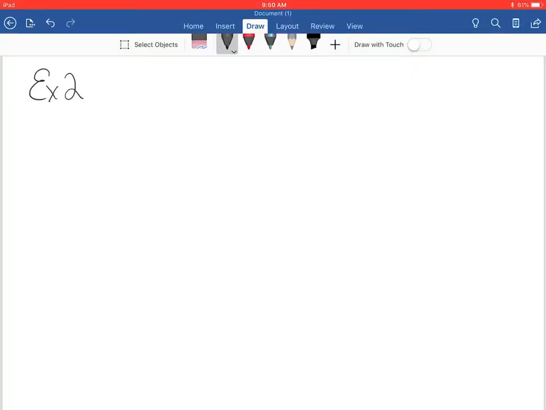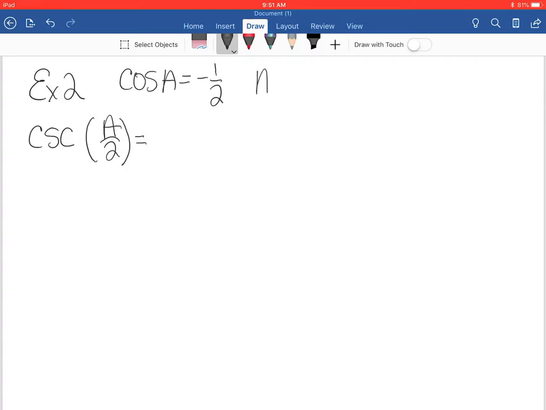In example 2, we want to find the cosecant of half of angle A, and we're given that the cosine of angle A is equal to -1/2, and A is in quadrant 3, which means A is between 180 and 270.